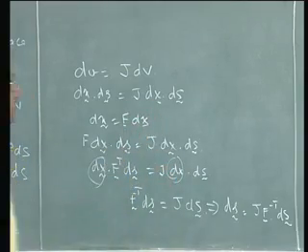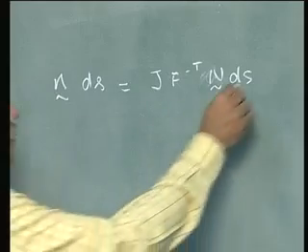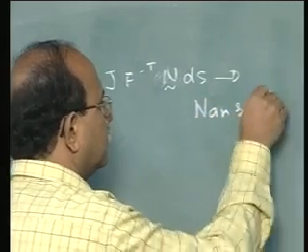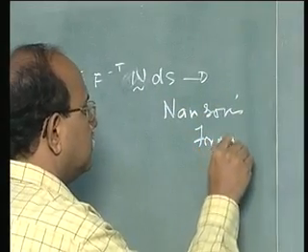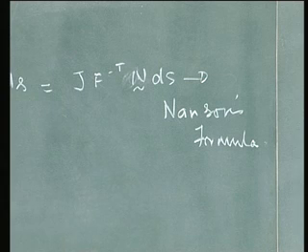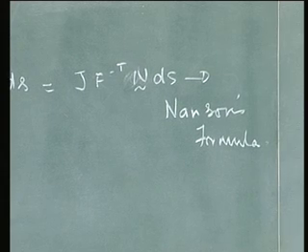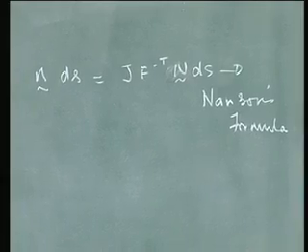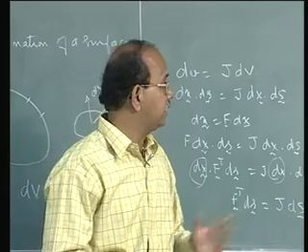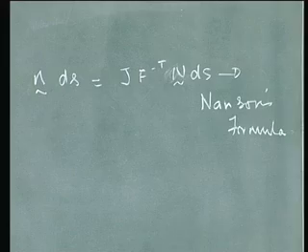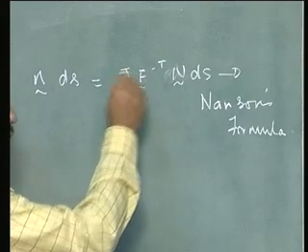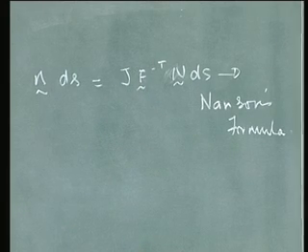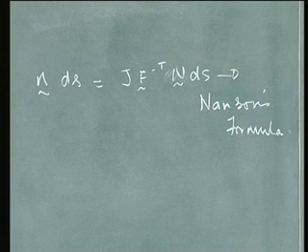Now this is the celebrated Nanson formula, one of the most important formulas in continuum mechanics, which will be used later by us for the definition of stresses. Is that clear? Okay.